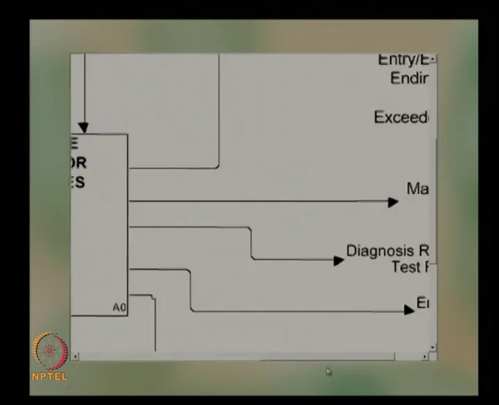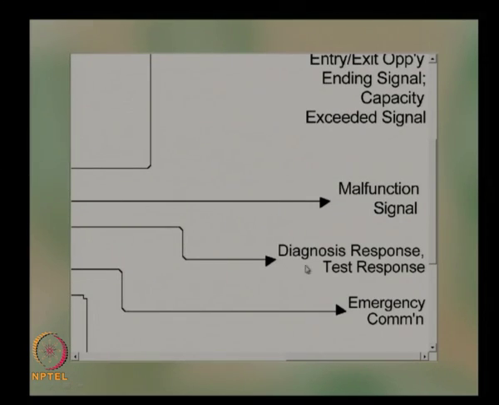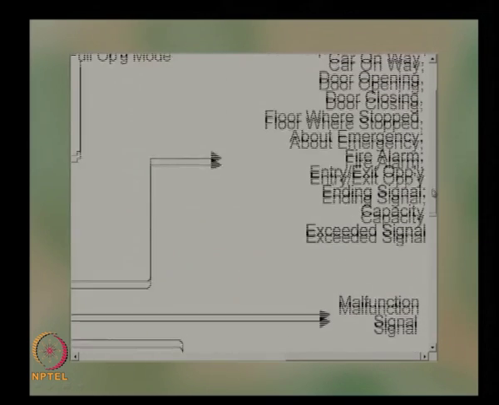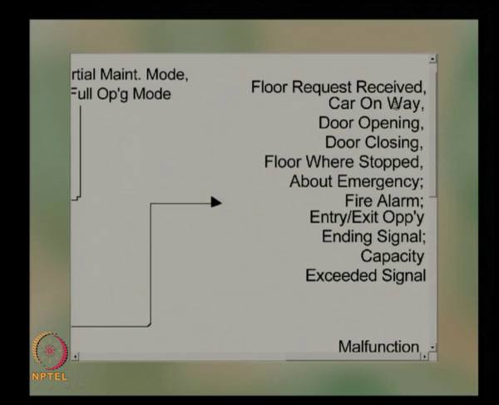Here you can see the outputs: the malfunction signal, diagnose response, test response, emergency communication, and the other outputs, the floor request received, car on way, door opening, door closing, floor where it is stopped, emergency situation, fire alarm. So these are all the outputs coming from the system.